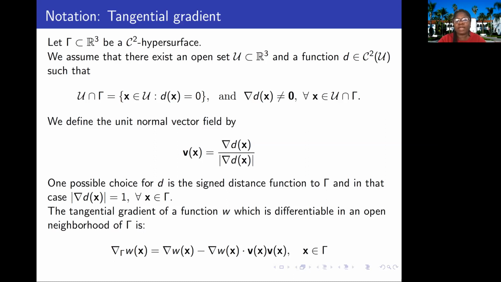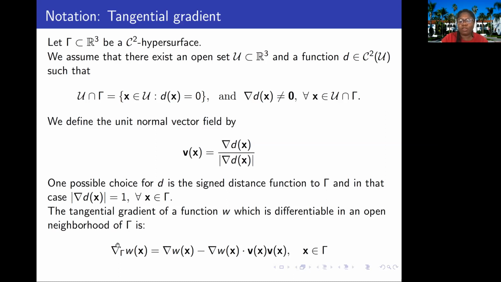We can specify that function as W, and because we are looking at diffusion and reaction only on the hypersurface, we look at just the tangential gradient, and how it's changing just on the hypersurface. So we have a different description of the gradients.